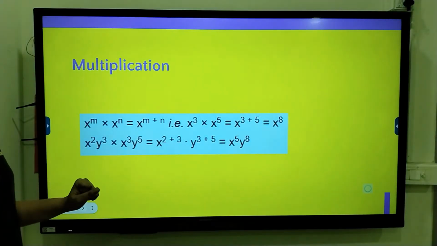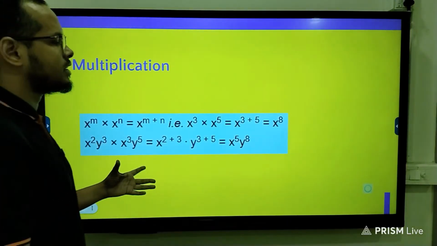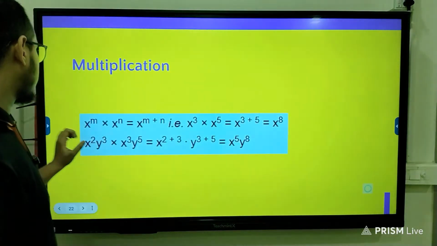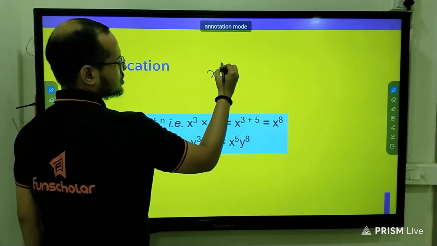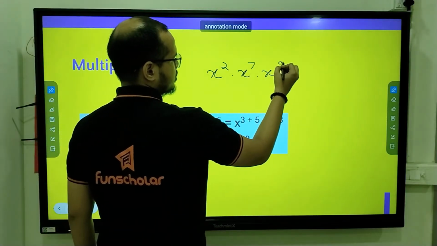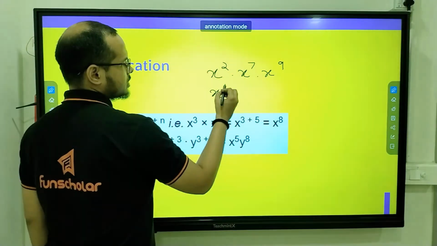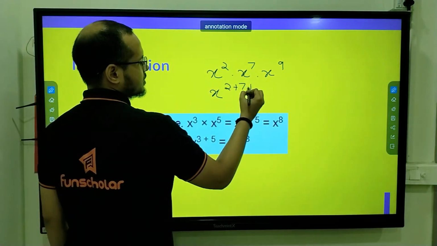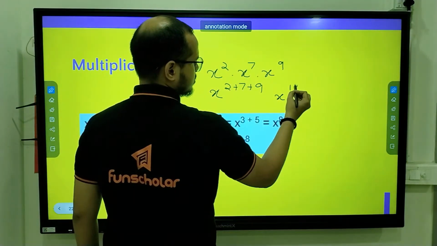Next, multiplication. Before starting off with this, we have to understand the basic rule of exponents, when we have the same base. So x raised to the power 2, x raised to the power 7, x raised to the power 9, all of these multiplied. We can easily write 2 plus 7 plus 9. 2 plus 7 is 9, 9 plus 9 is 18, so x raised to the power 18.